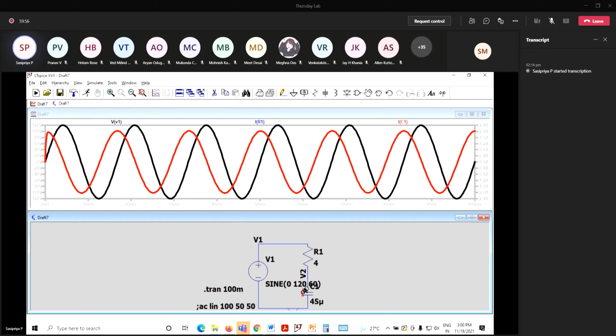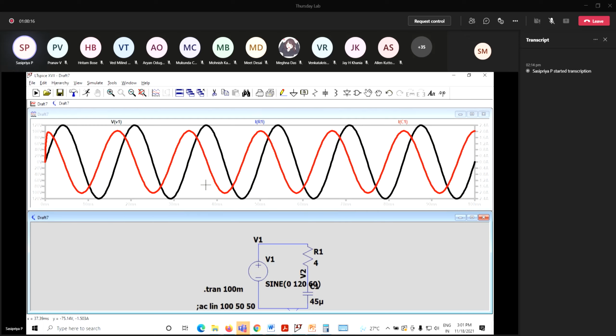Okay. So now, can anyone tell me the phase angle difference? Is the angle leading or lagging? How do you mention the value? Normally leading or lagging refers to the current with respect to the voltage, whether the current leads the voltage or the current lags the voltage.